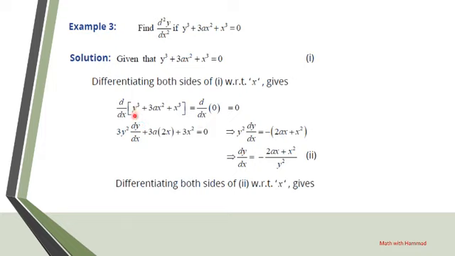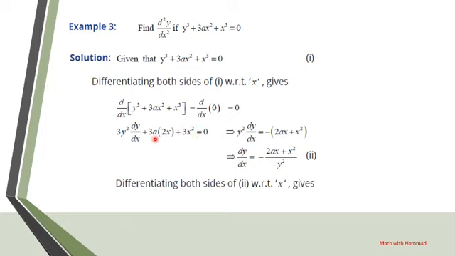The derivative of y cube is 3y square times the derivative of y, which is dy by dx. 3a as it is, and the derivative of x square is 2x and the derivative of x is 1, so 2x into 1 is 2x. Also applying the power rule on x cube, the derivative of x cube is 3x square and the derivative of x is 1, so 3x square into 1 is 3x square.